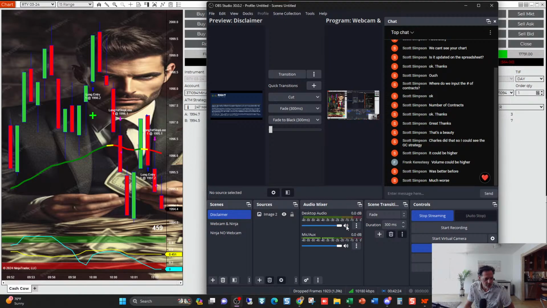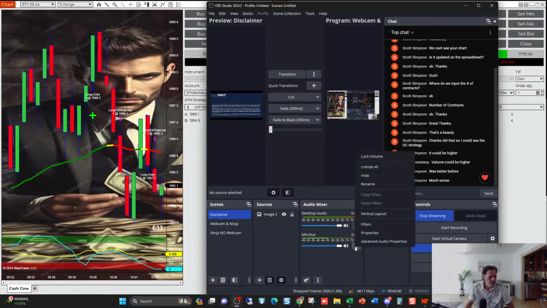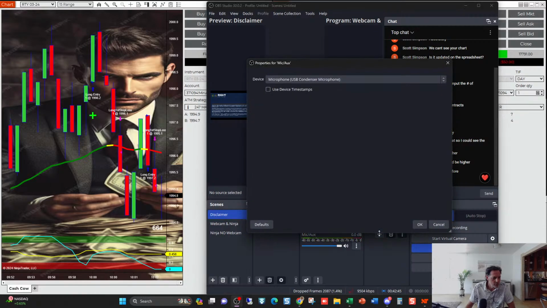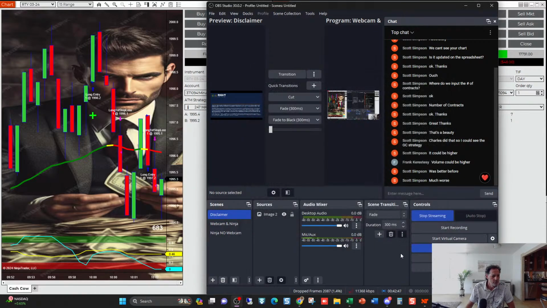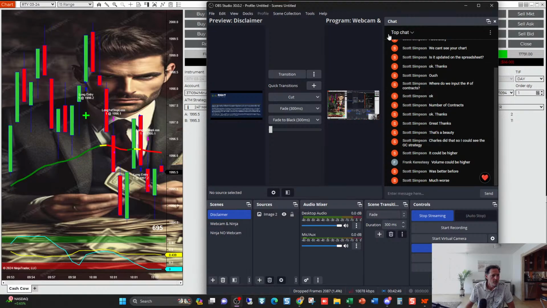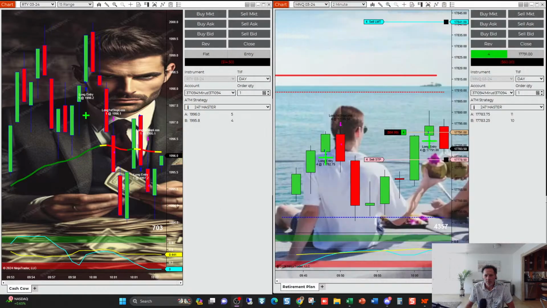It says desktop audio. I really don't know where that's coming from. What I can do is add another mic, I believe. Maybe I'll try that. Audio mixer. Let me go into this for a second. Order submitted. I'll have Brock, my son, help me with this one. I don't want to kill this here in front of us.